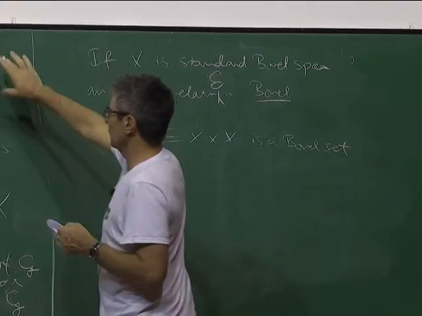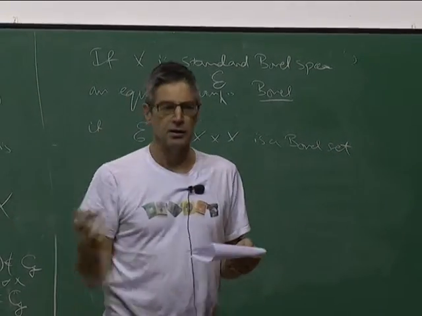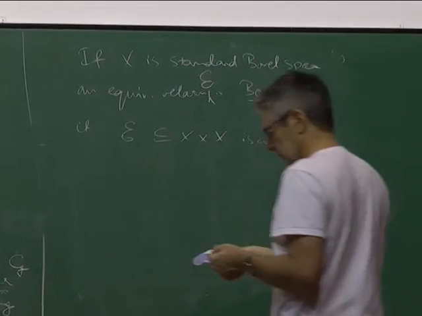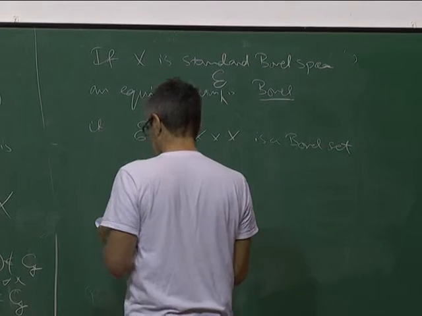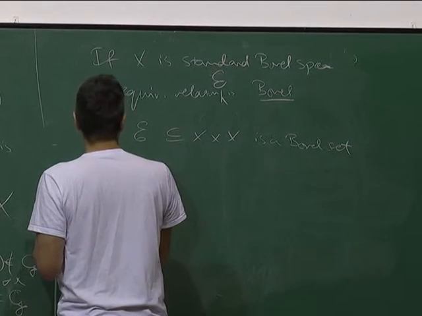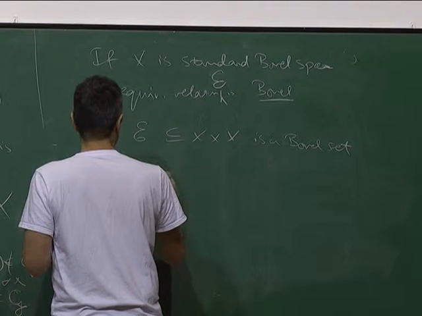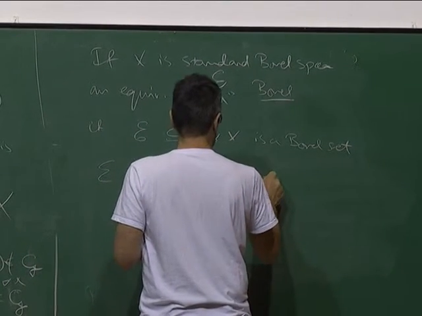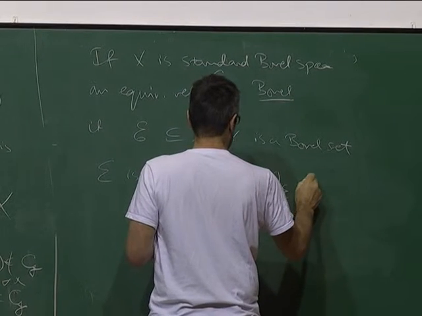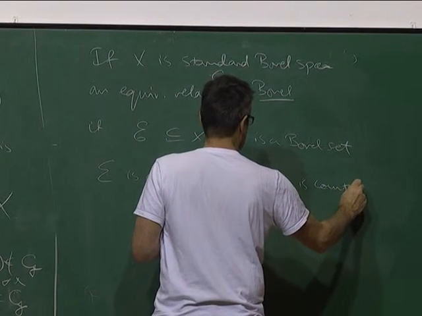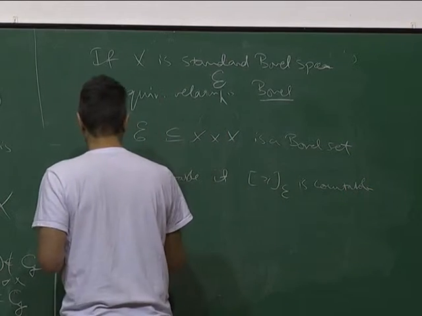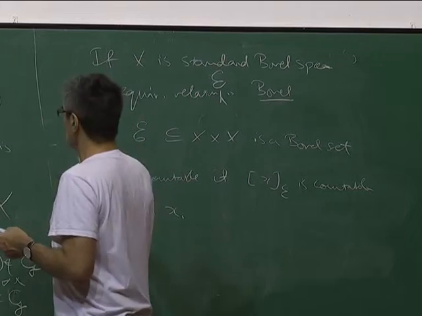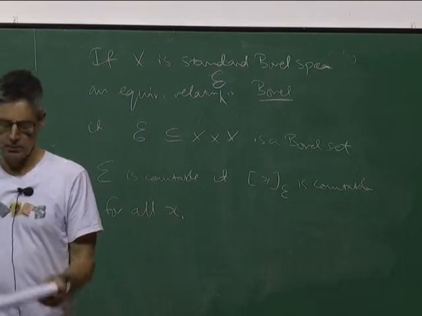That will happen for one of these G action things, of course, if we've got some sort of Borel action of G. And E is countable, and that happens, of course, if the group G is countable.